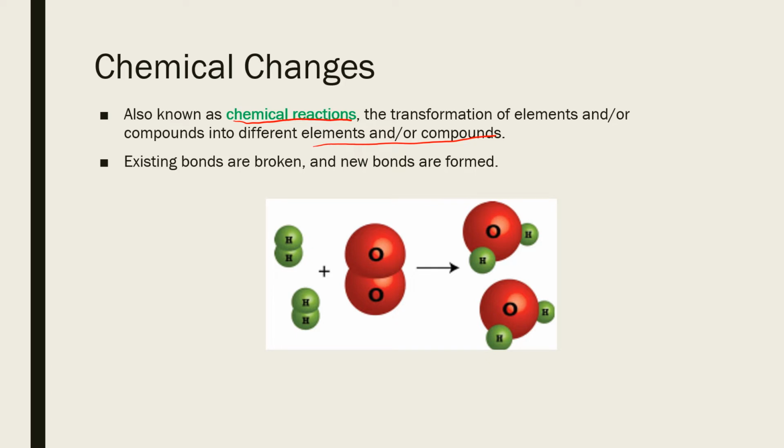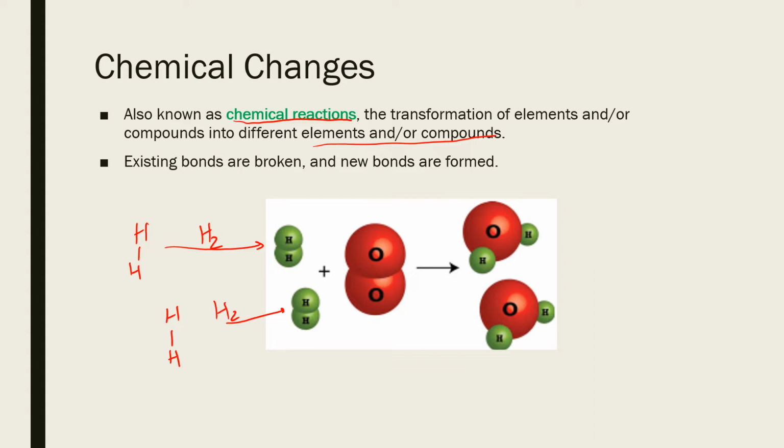For example, this schematic shows a chemical reaction between hydrogen gas molecules and oxygen gas. The green molecules represent hydrogen gas, and we know hydrogen gas is made up of two hydrogen atoms bonded together.